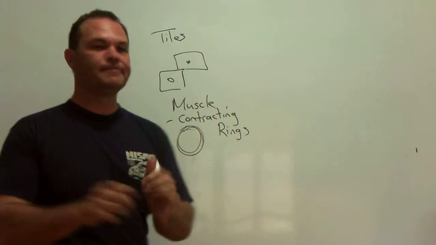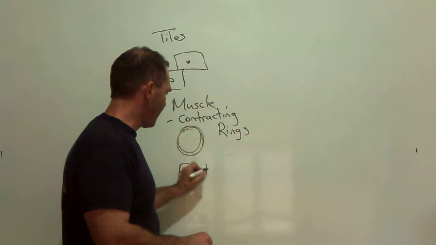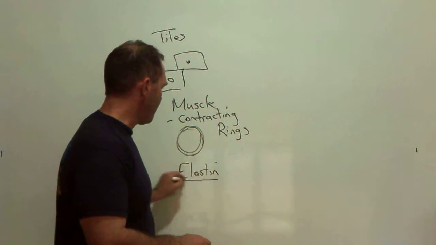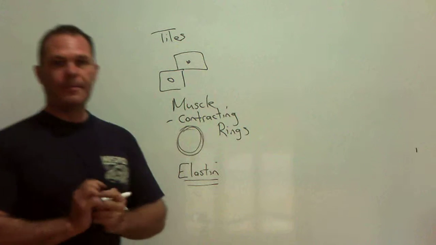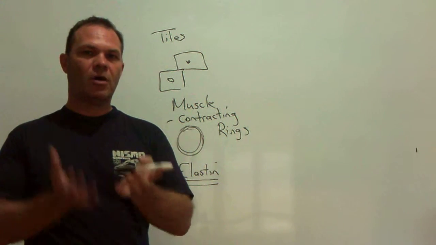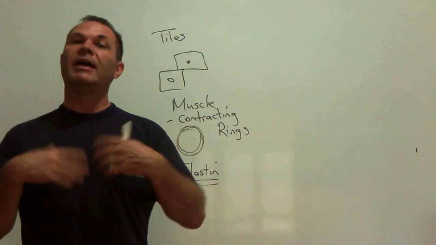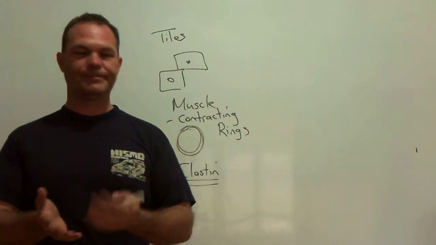So elastin. Now, by playing around with this, I should be able to come up with something for the entire circulatory system. Now we're getting into some heavy stuff for our client.